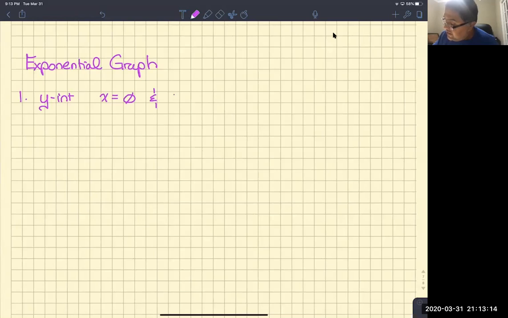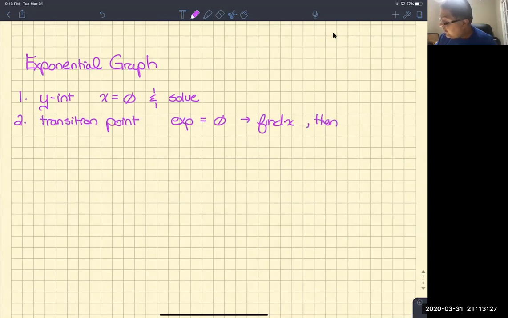To find the transition point, make the exponent equal to 0, find x, then find y.